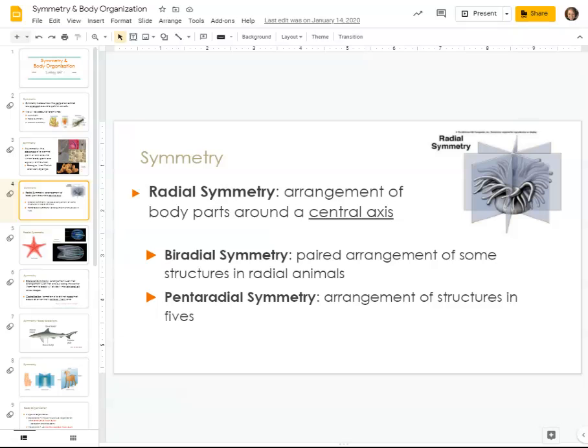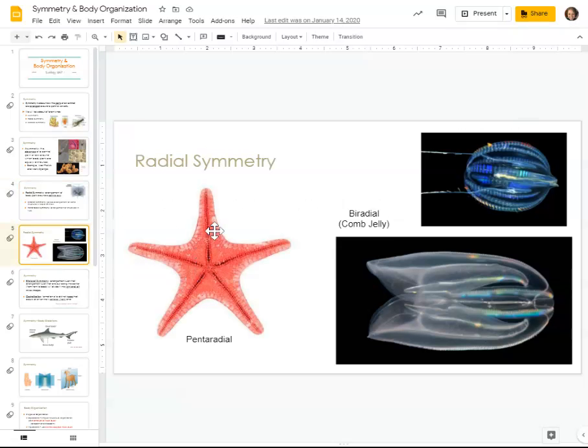The next one is pentaradial. Penta means five. So again, they have a circular body plan, but they have structures arranged in five. A great example of this is going to be a sea star. So if we look at the next page, some examples of pentaradial symmetry, this might be a good one to draw for your example, is a sea star, of course.